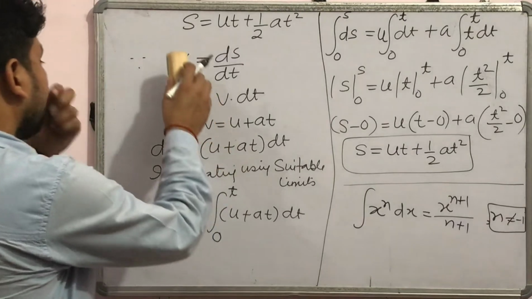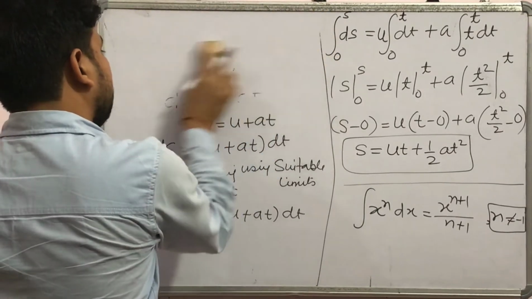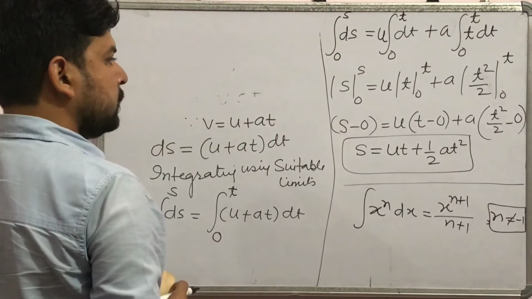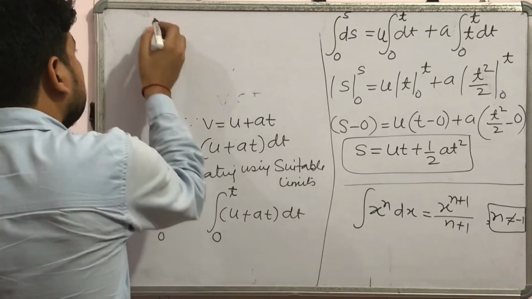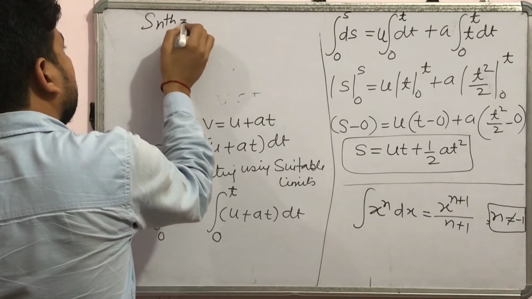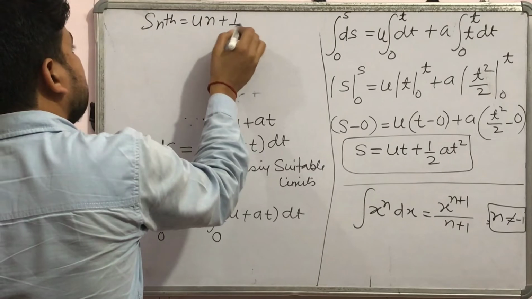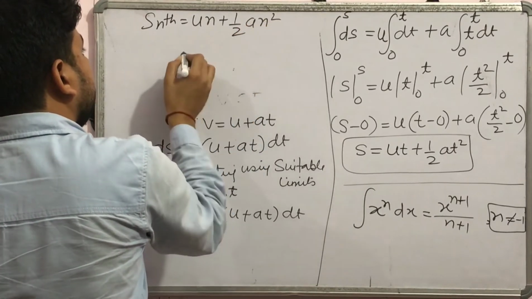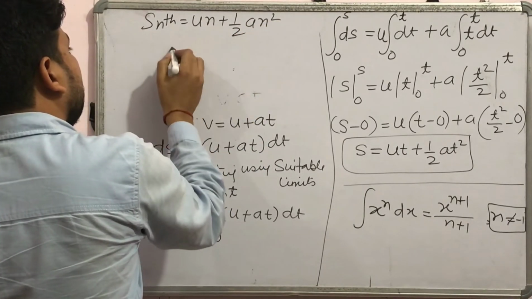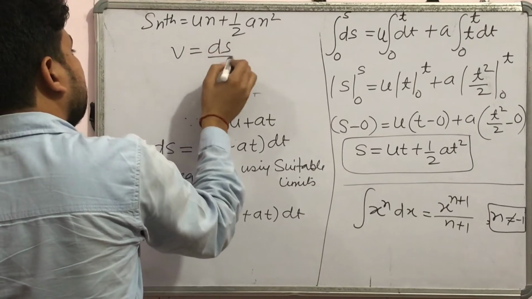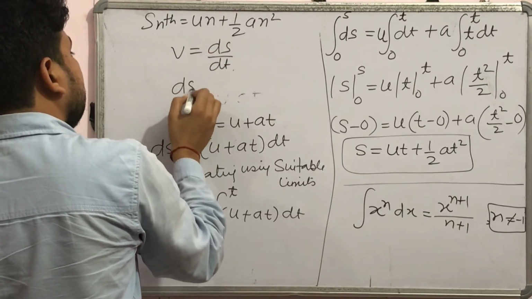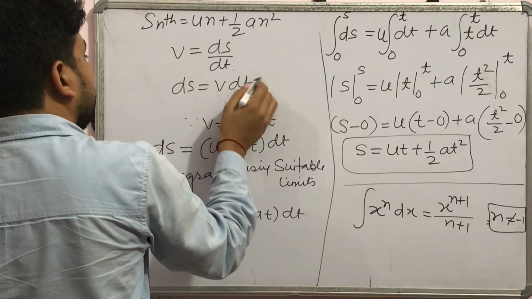Now we'll derive the fourth equation of motion, that is s nth equals to u plus half a 2n minus 1. That will be same, v equals to ds over dt and that ds is equals to v dot dt.